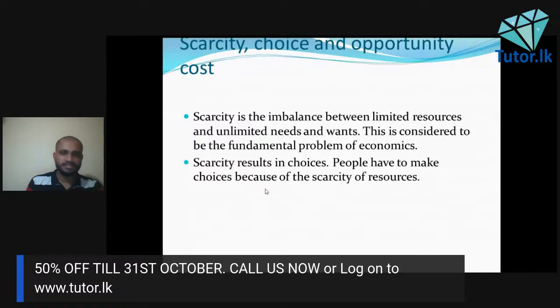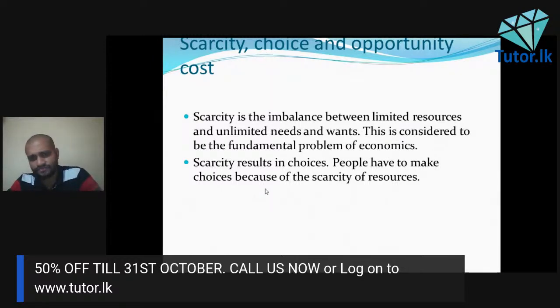So why does it happen? Because there is scarcity. Then you need to make a choice out of those four. How are you going to make the choice? According to your requirement, your taste, maybe your profitability. It can vary from person to person, company to company, depending on their objective, their taste, their strategy.